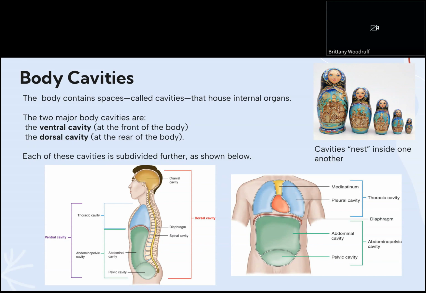Now, if we ask you, which cavity is your heart in? Not the right. Mediastinum. If I ask you where your heart and your lungs are, yes, that would be the thoracic.